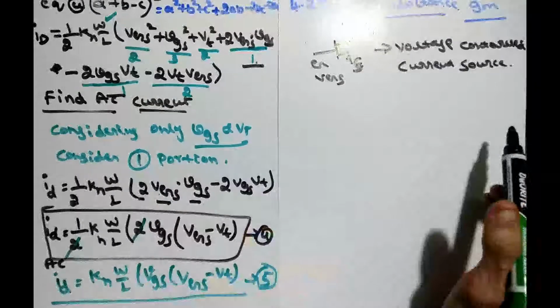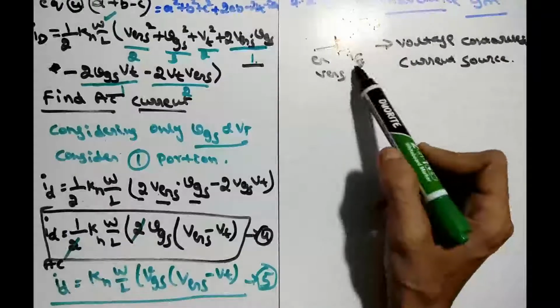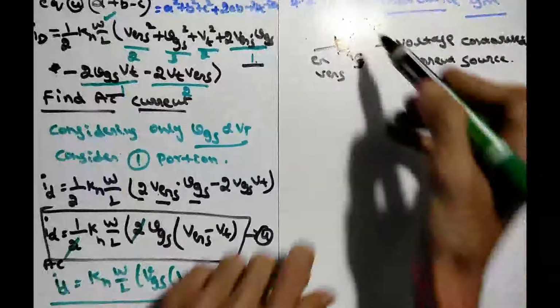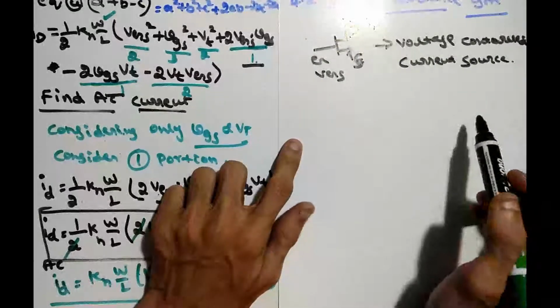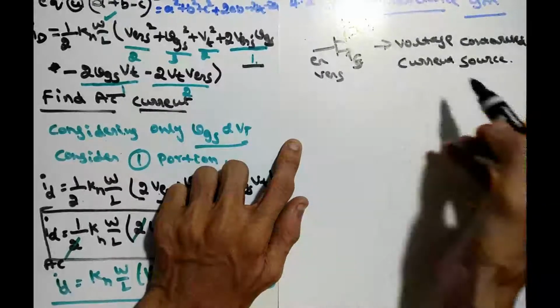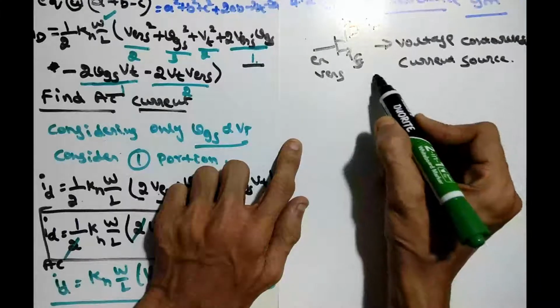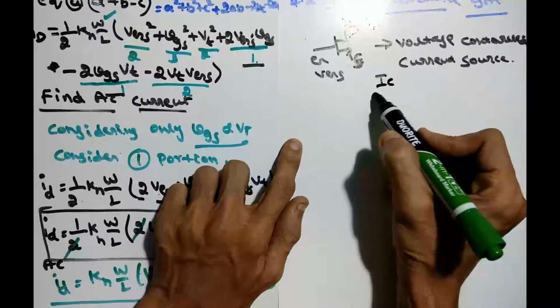In the previous formulas we discussed how biasing can be done and how VGS and ID can all be obtained. Now, in the transistor you can remember that we have taken the gain as beta, usually taken as IC, and it is controlled by IB.